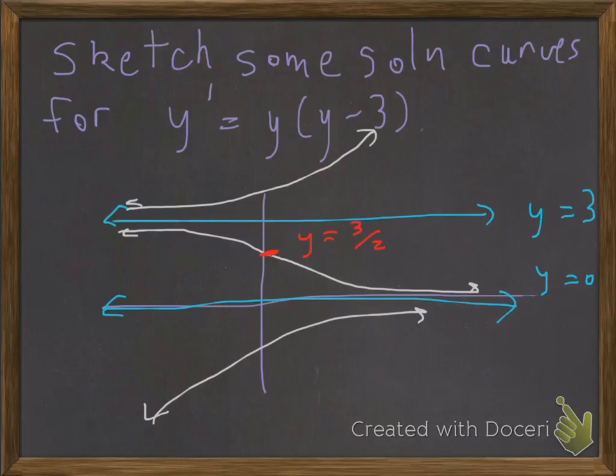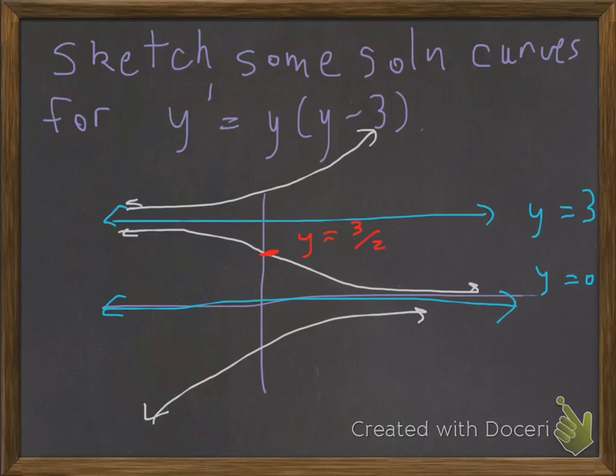We should notice that if our initial condition was just a little bit above y equals 3, then our solution curve in the long-time behavior sends us far away from y equals 3, even if it was a little bit above or a little bit below.